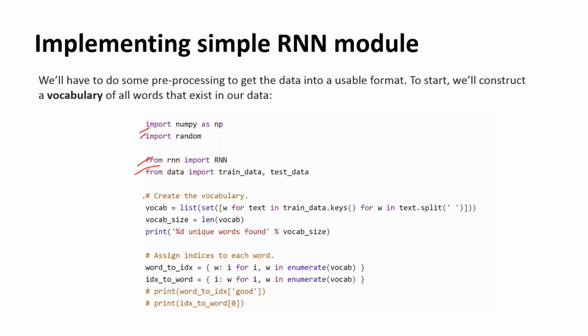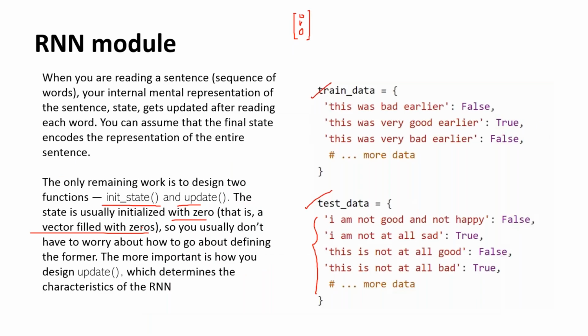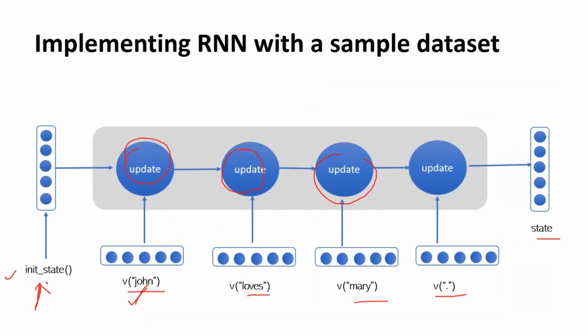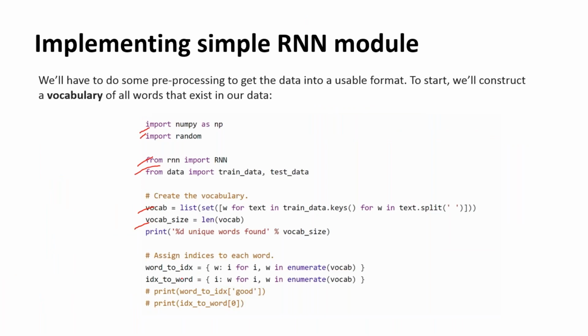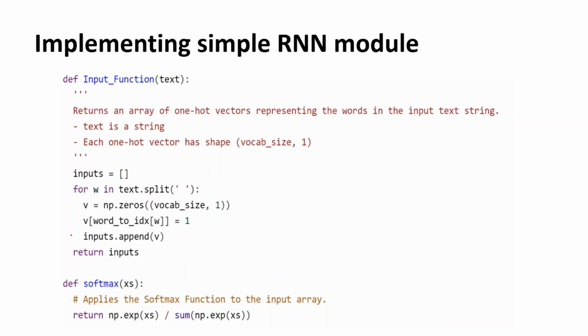I will show that class. And then we have the vocabulary list. We read all the words from the vocabulary, because we basically pass in each word. That's why we need to read from the vocabulary. And then we assign indices to each word, so we need an index for all of these words.